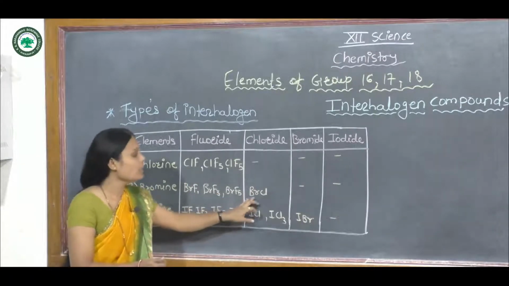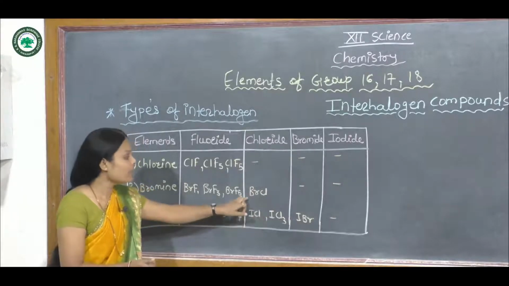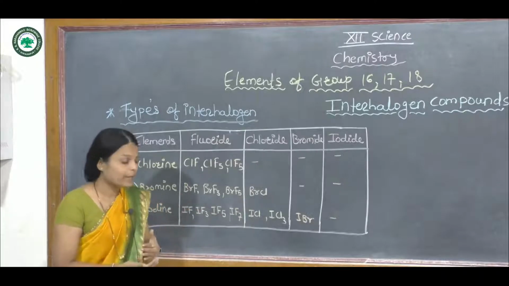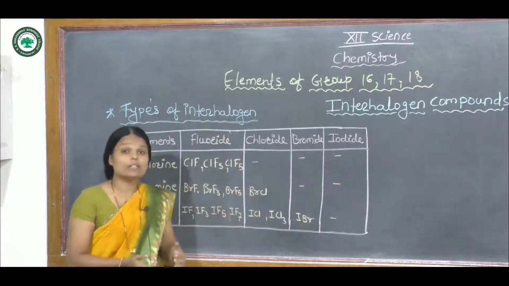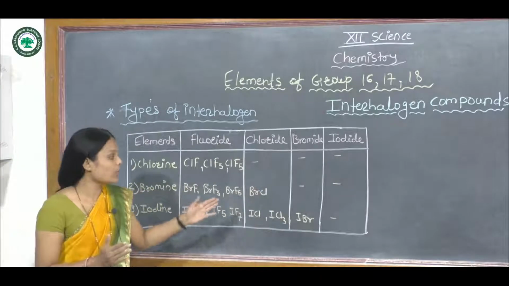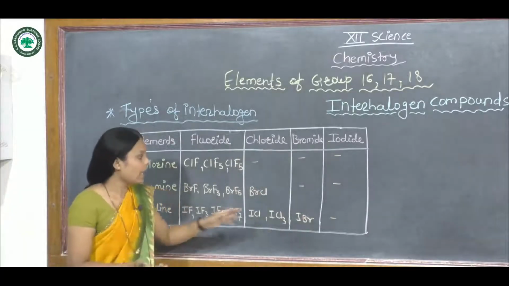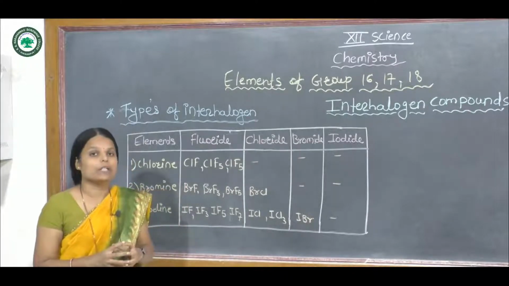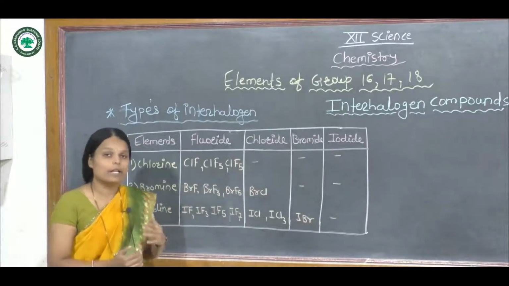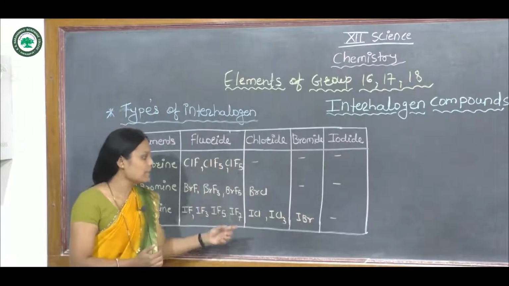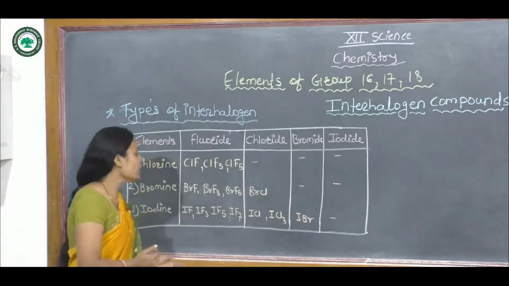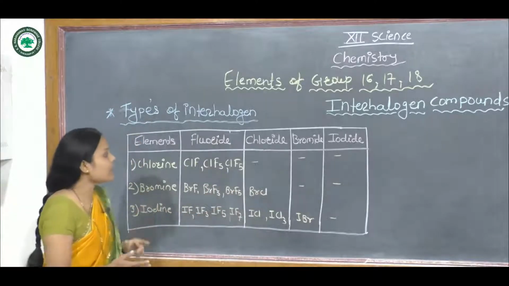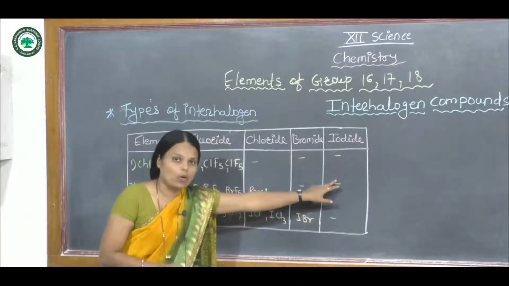Bromine is larger in size and more electropositive, while chlorine is more electronegative and smaller in size. They react with each other and form the interhalogen compound bromine chloride. Bromine reacts only with fluorine and chlorine, not with bromine or iodine.